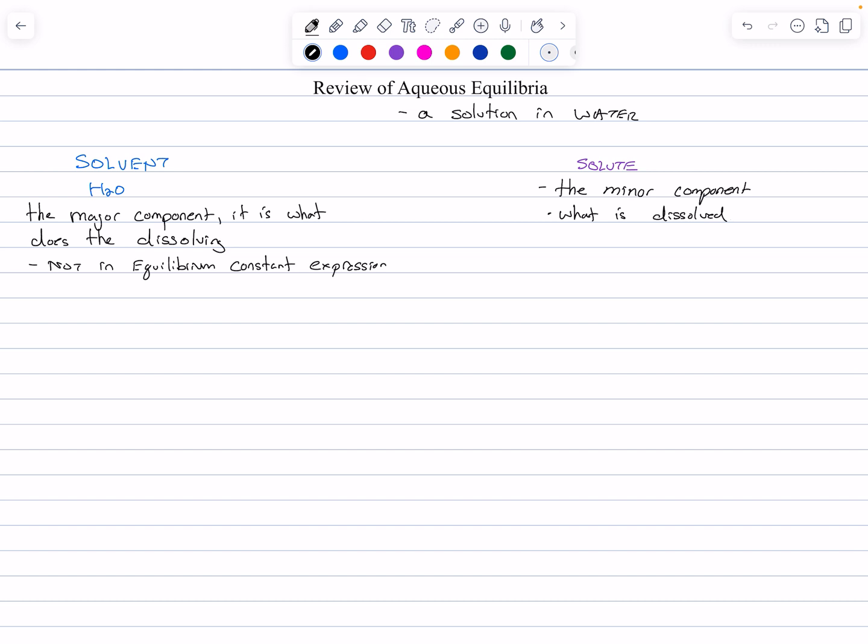So what are the two types of solutes that we're going to talk about? First type and second type. Remember, let's just talk about this solution. We have a beaker here, and in here is a solution.